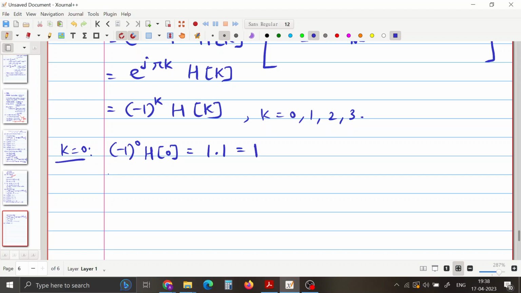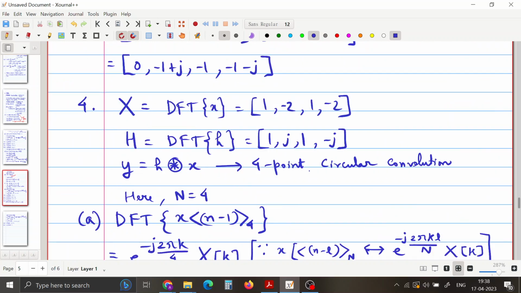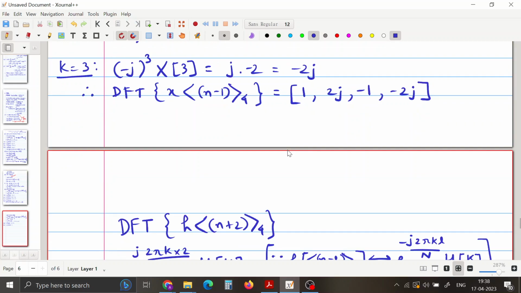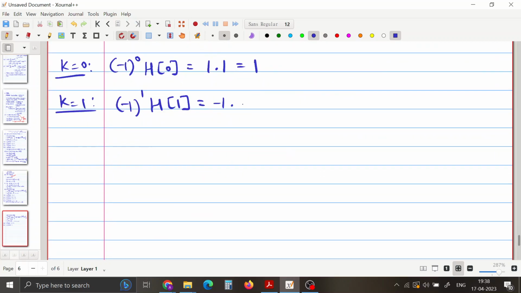For k equals 1 you have minus 1 to the 1 times cap H of 1. What is cap H of 1? It is the second DFT coefficient, so it is j. This is j, this is minus j.